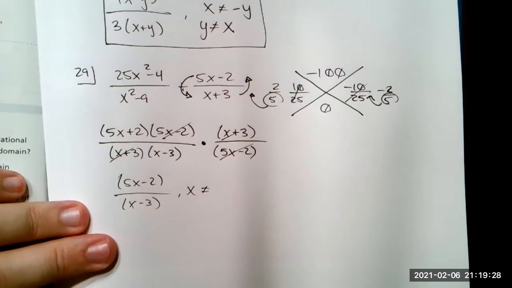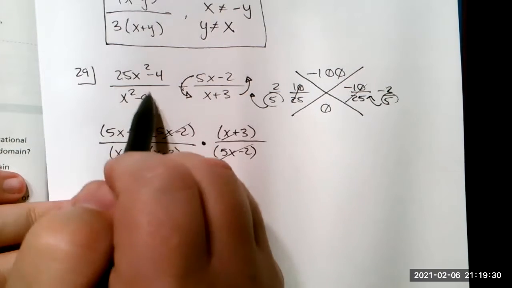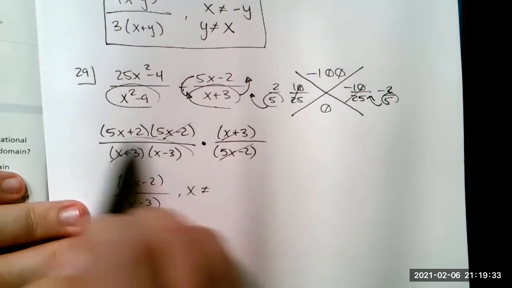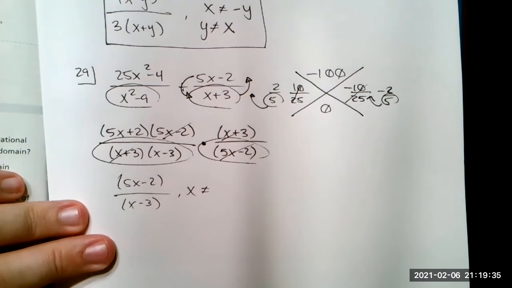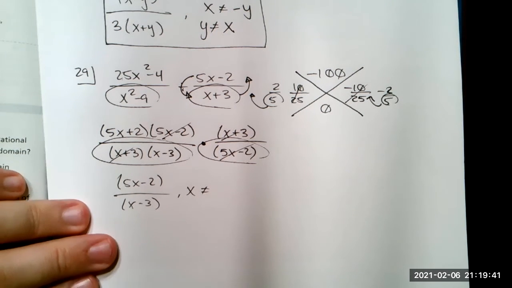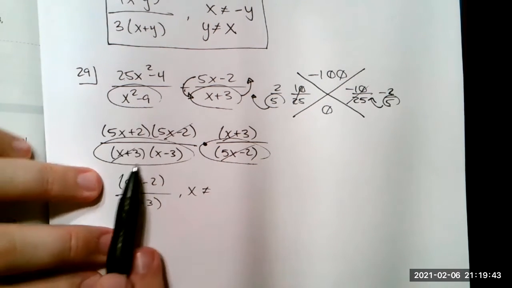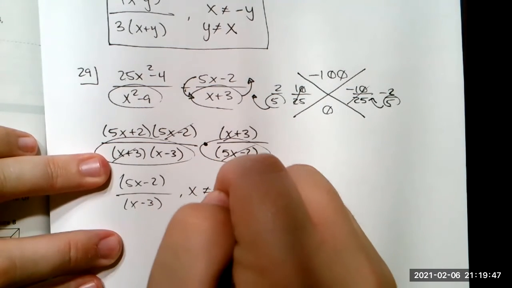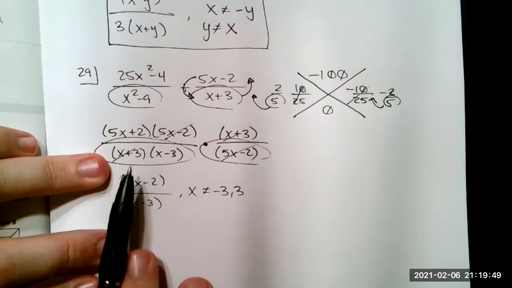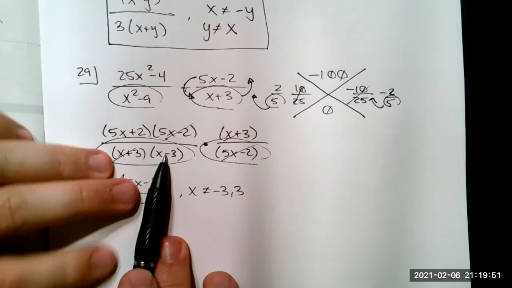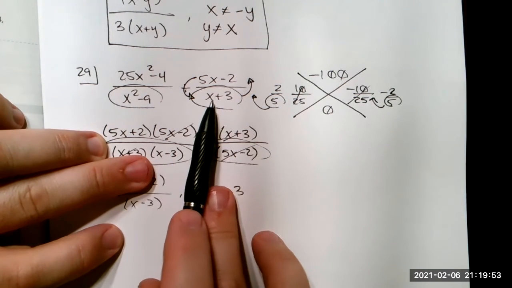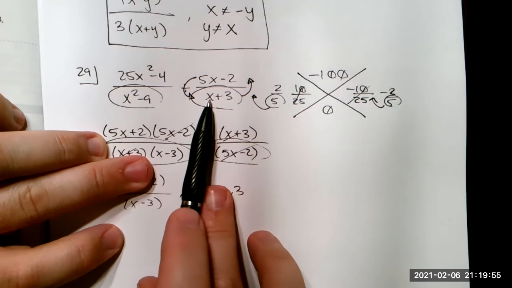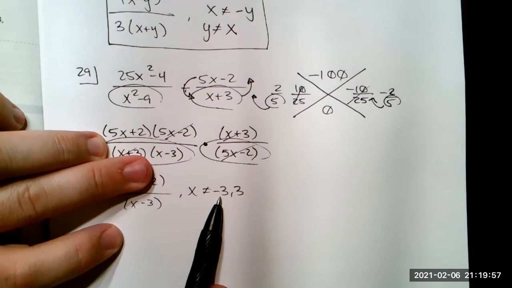And then my domain restrictions, just don't forget, we want to talk about the original denominators. And then once I keep, change, rearrange, I want to exclude those denominators as well. So this original denominator is right here. I didn't do anything to it. So x can't be -3 or +3, because that'll make both of those go to 0. Originally, this was an x plus 3, so x couldn't be -3. I've already got that.